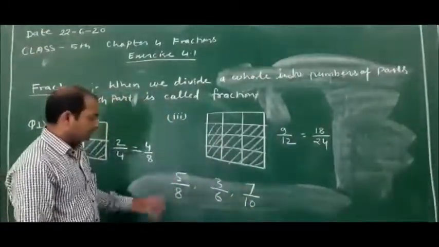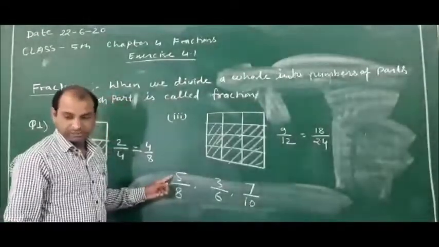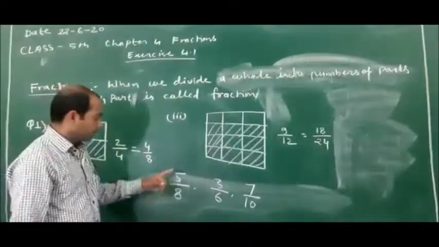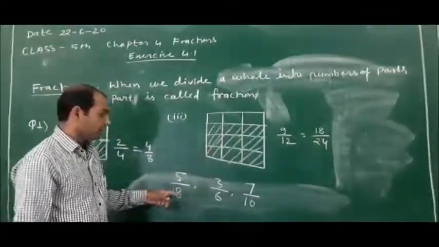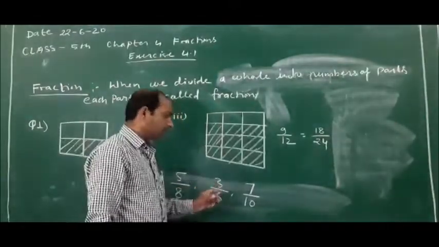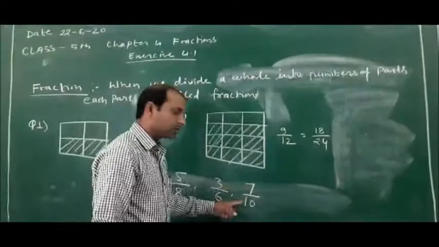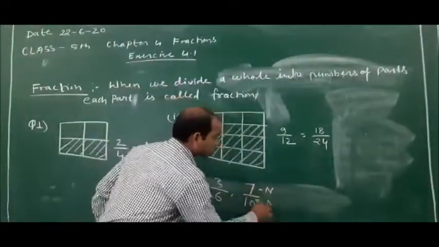Here look at this fraction, numerator is smaller than denominator. Numerator is smaller than denominator, and here also numerator is smaller than denominator. Here 7/10, numerator is smaller than denominator.